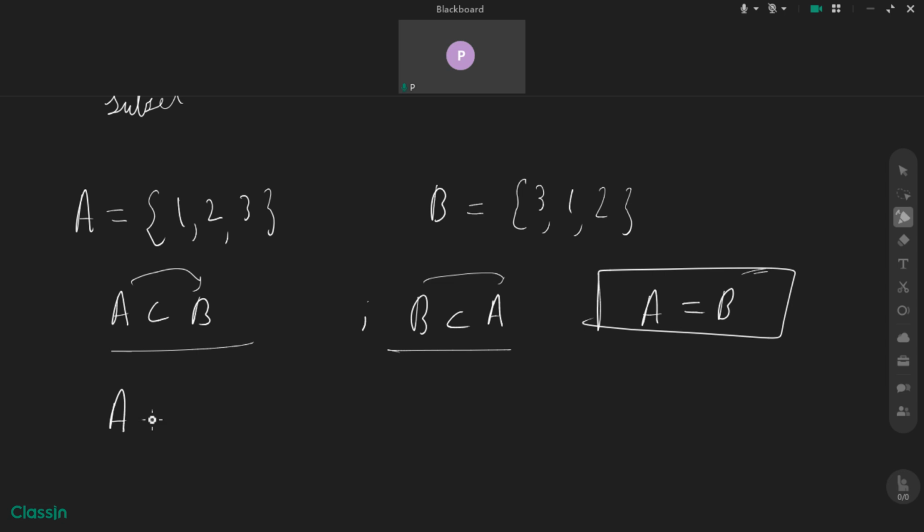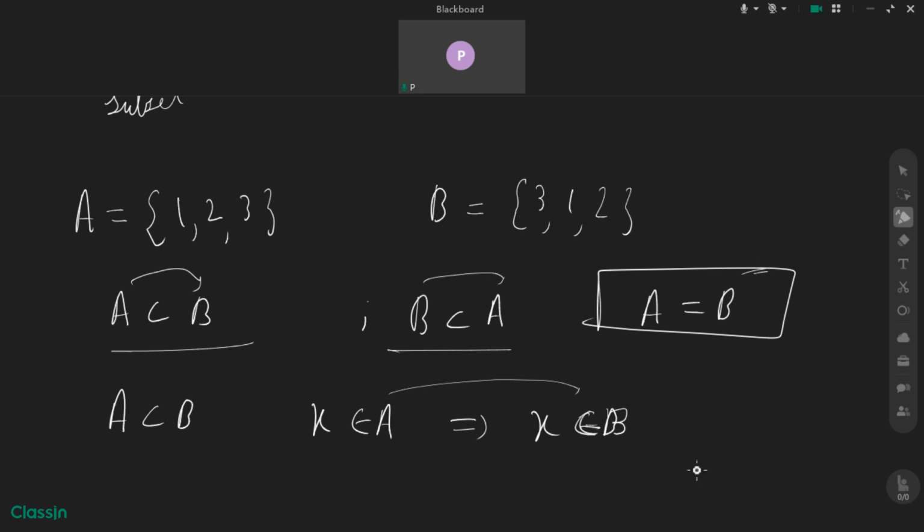For all x that belong to A, it implies that x will also belong to B, if A is a subset of B. So the x that is present in A will also be present in B. We say if x belongs to A, it implies x belongs to B also, because A is a subset of B.